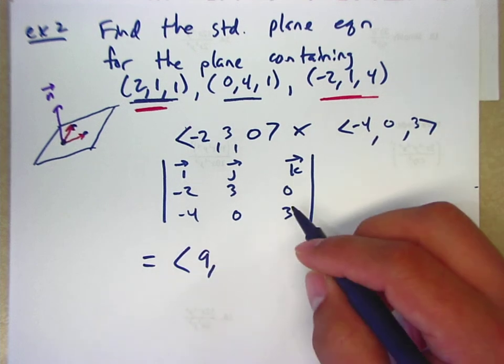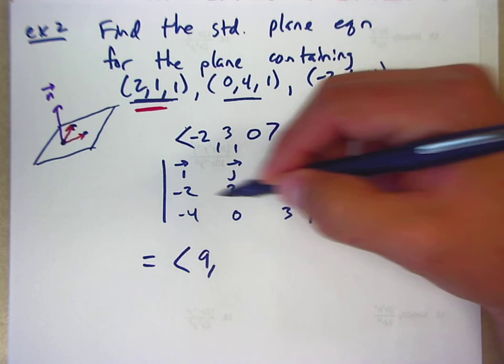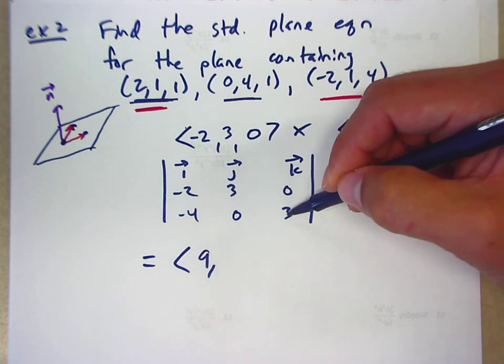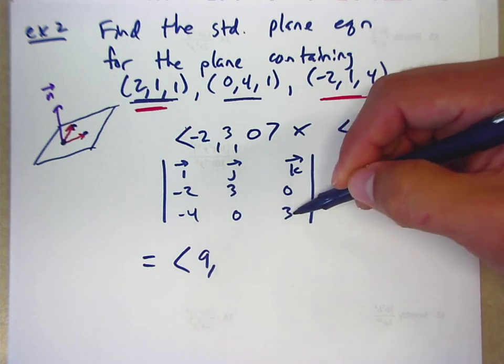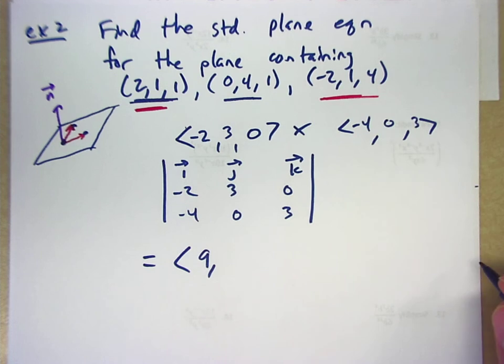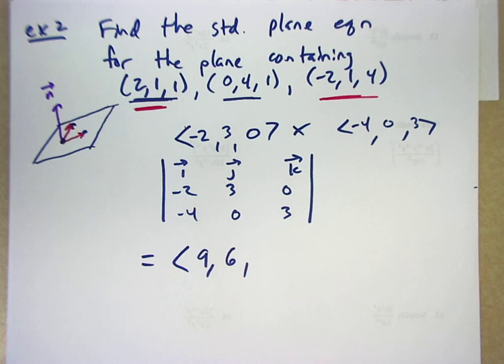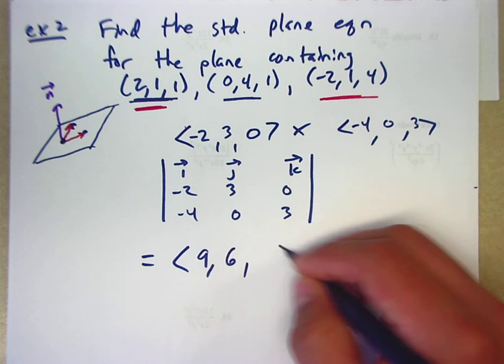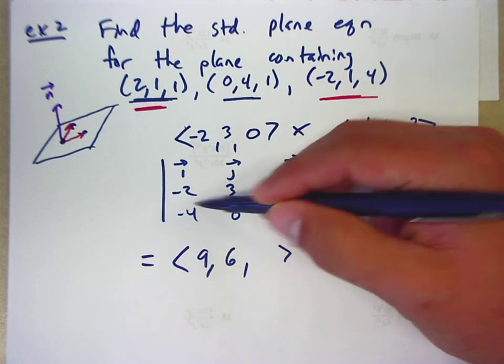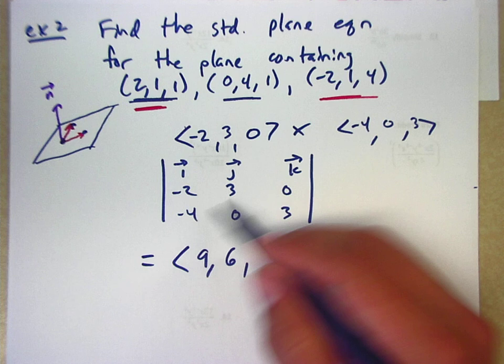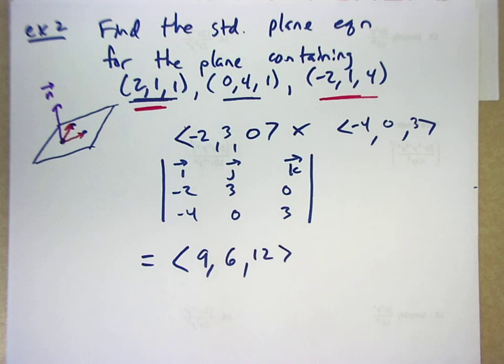The J component will be -2 times 3, which is -6. And we do the opposite, right? So that's going to be +6. And then the K component will be 0 and then minus -12. So that's 12 there. Okay? And so there's our normal vector.